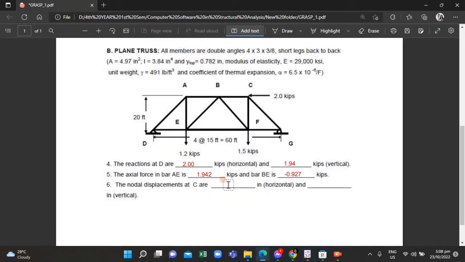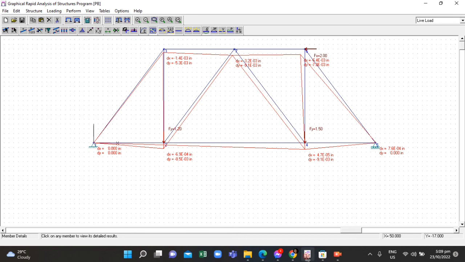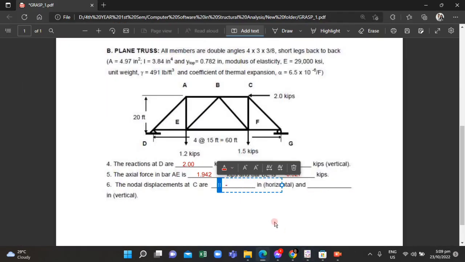So I'm going to put it here, displacement along x, that is negative 6.4 times 10, using e as the exponent, e negative 3.